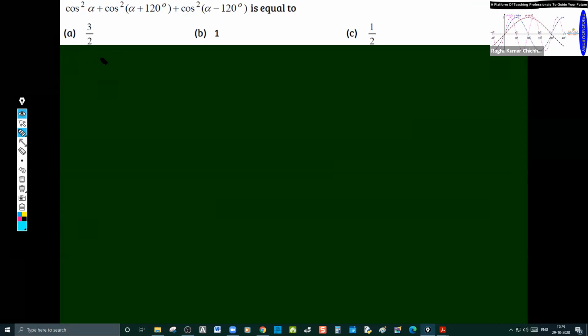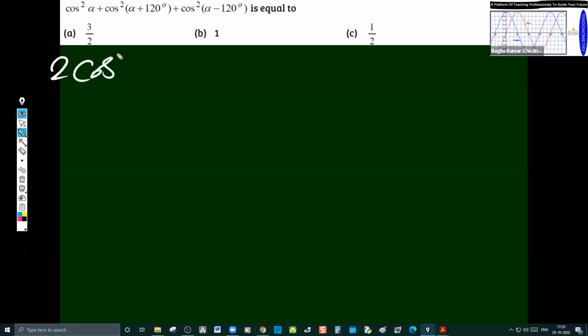Maurya, are you there? Yes, sir. What I'm asking you, do you tell me what is 2 cos square alpha? Reduction form of it. I gave you all those formula in the boxes. And if you want me to show, I'll show you that. All right, sir.